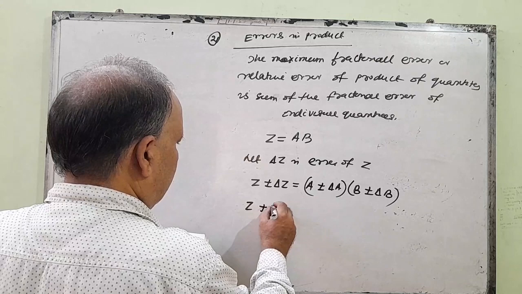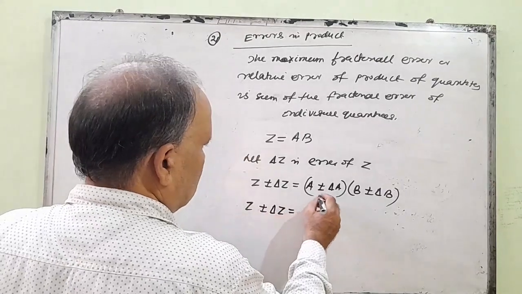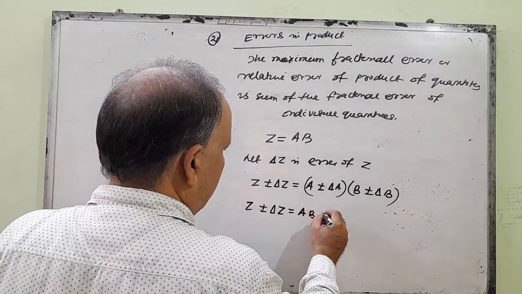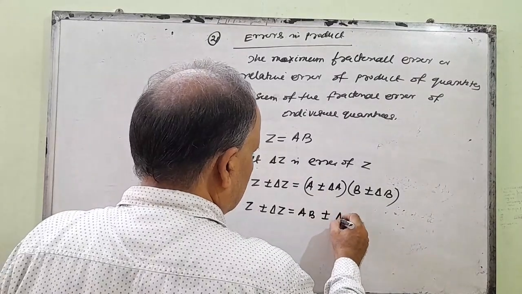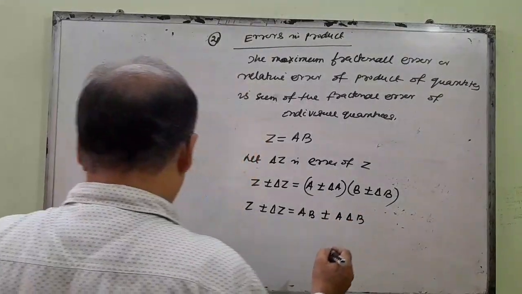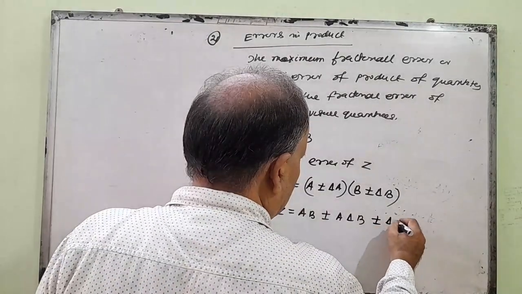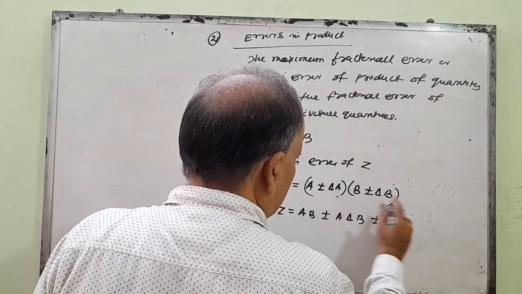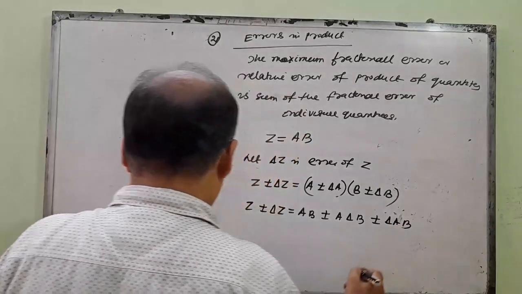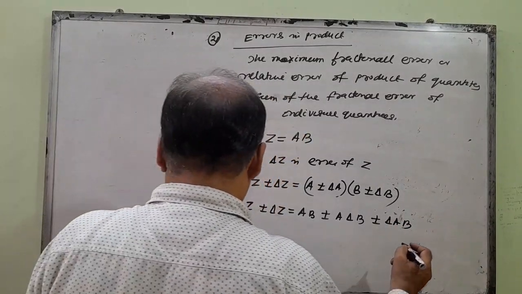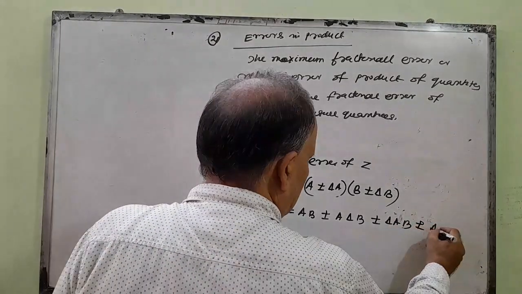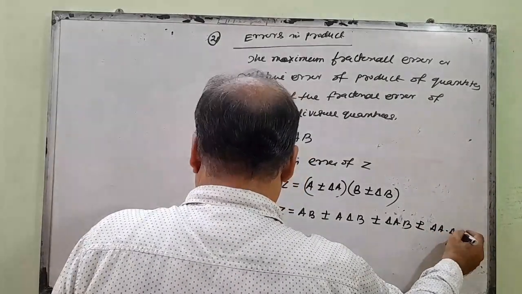Z plus minus delta Z is equal to AB plus minus A delta B plus minus delta A into B plus minus delta A into delta B.